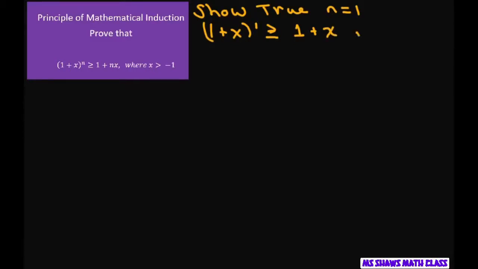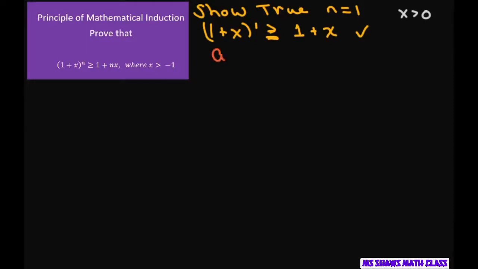Since these are equal, and we have this equal sign here, it's true. You could check with different x's, but we want our x to be positive, and we'll continue on.